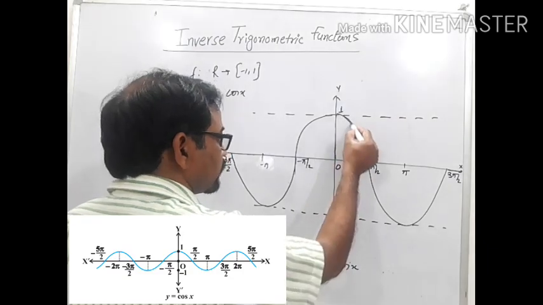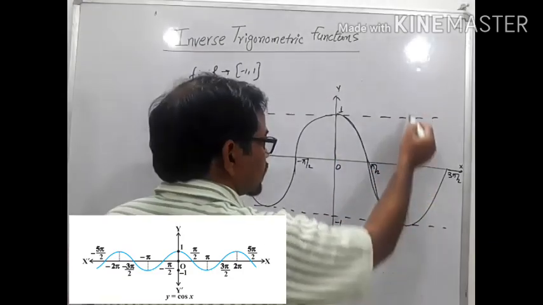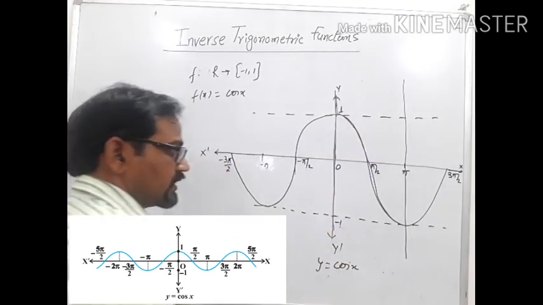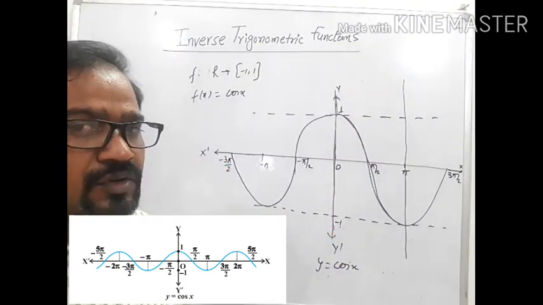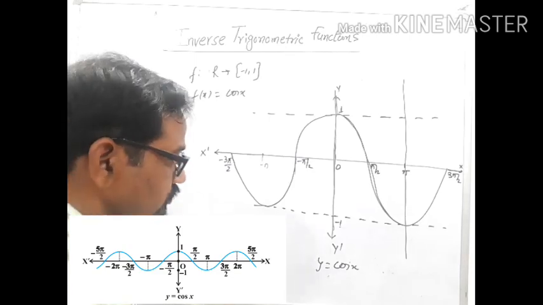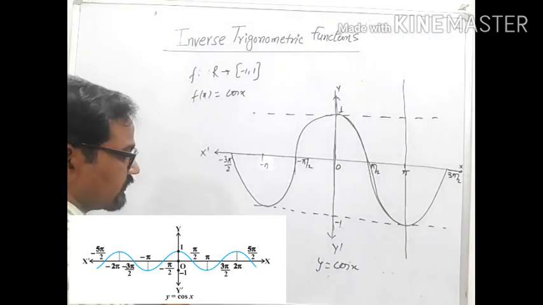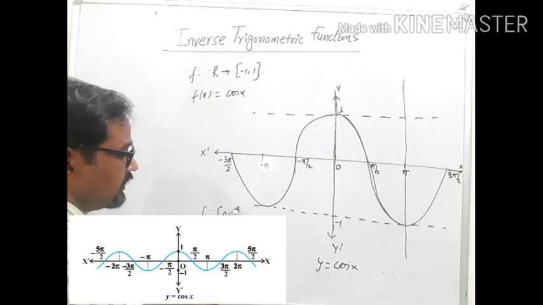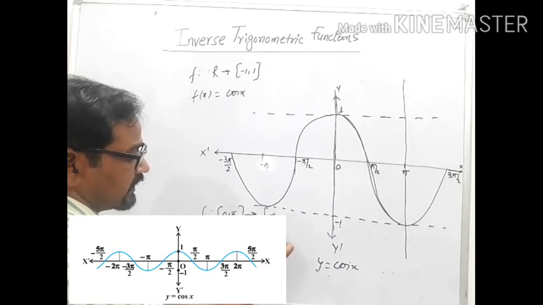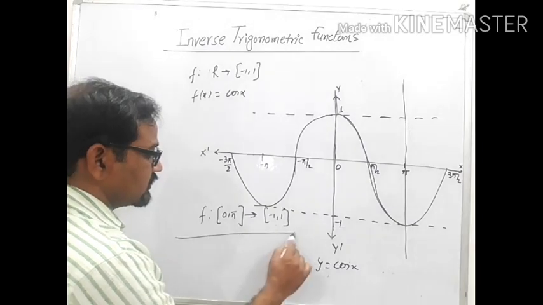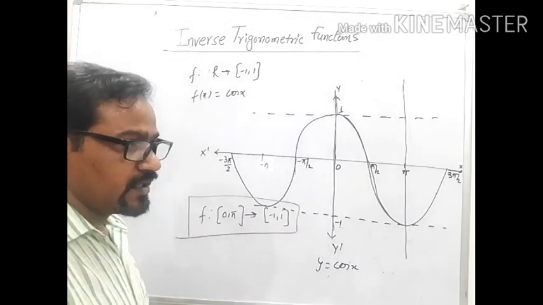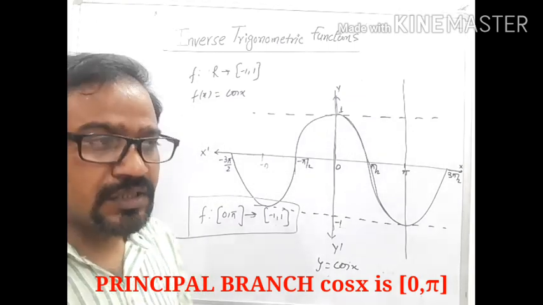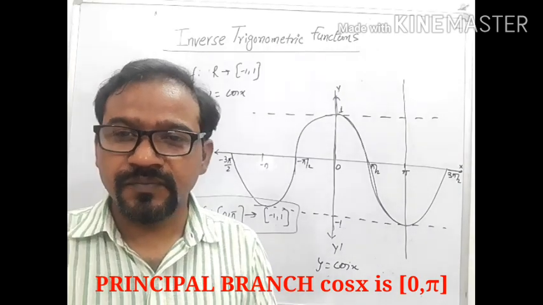We have to take this loop 0 to pi, and in the interval 0 to pi it will be a one-one function. Therefore after restriction, f becomes 0 to pi to -1 to 1. Then in this domain and codomain it will become a one-one and onto function, therefore its inverse will exist.